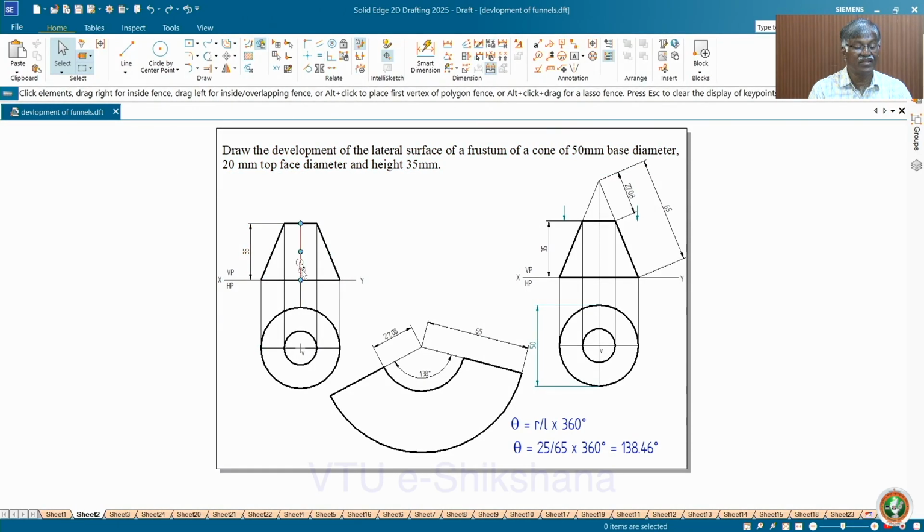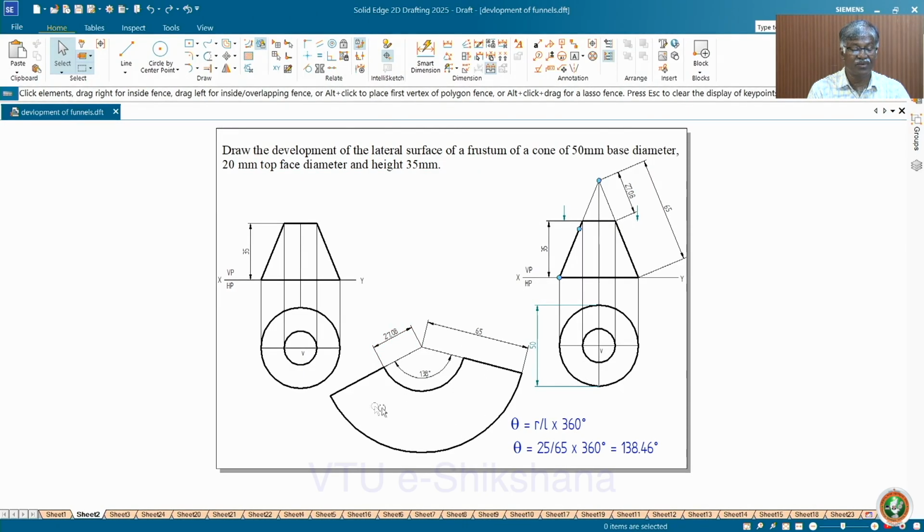So whenever you get this type, what you do is you extend this and get the imaginary apex, and then take the total length, that is the generator. This is the imaginary generator that is to be removed for the required solid. Now after drawing, after getting the theta value, it's around 138 degrees. After drawing the complete development, you draw with L1, that is 27.08 in this case, an arc to complete this sector.